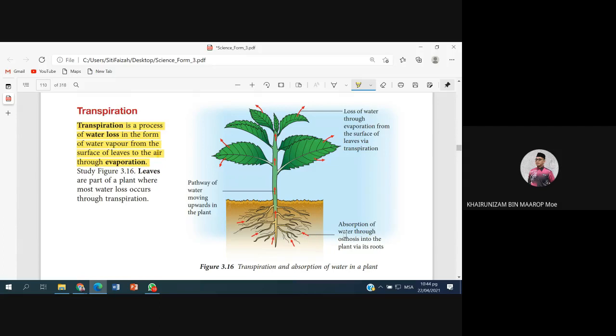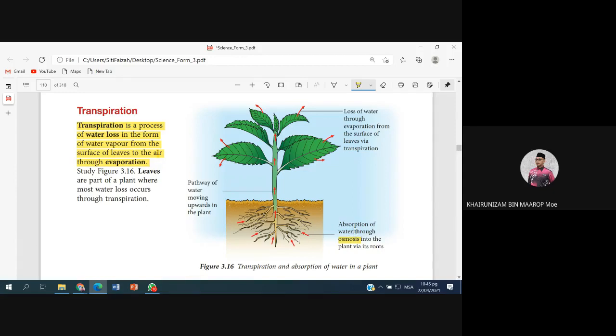If you look at this one, the root will absorb water through the osmosis process. Actually you already know what the osmosis process is: the absorption of water from low concentration to high concentration into the plant via its roots.